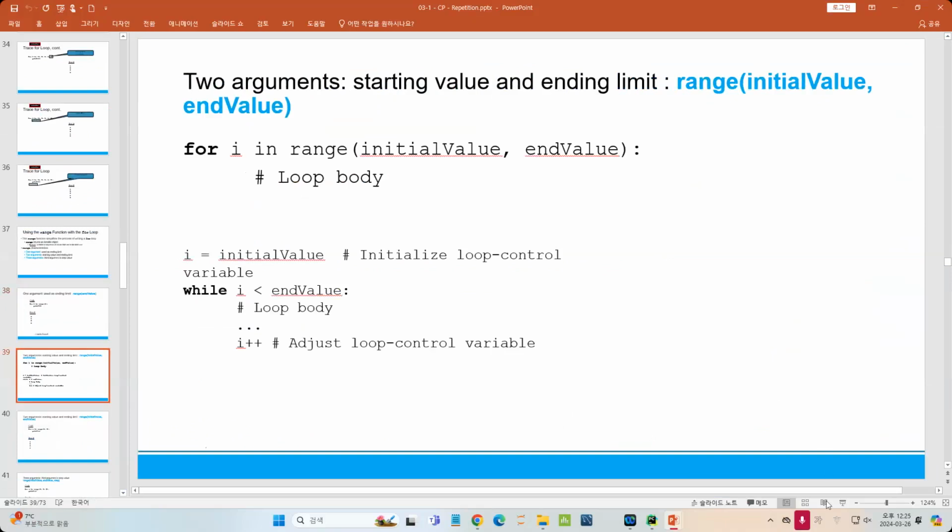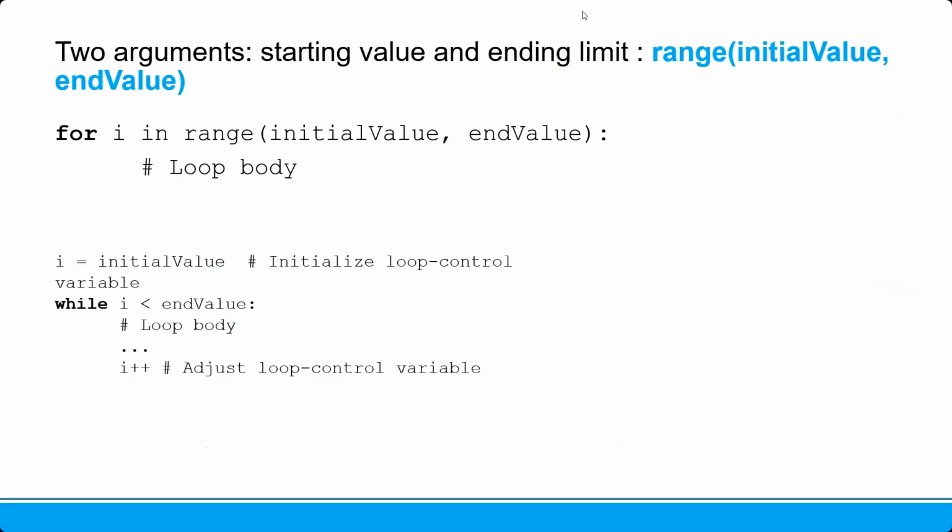We can have two arguments. What does it mean by two arguments? The two arguments means in the range function, we put two values. We put the initial value and we have the end value.